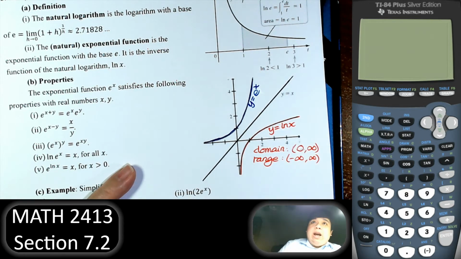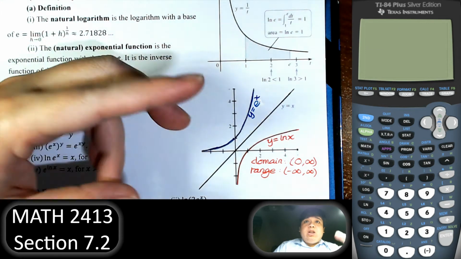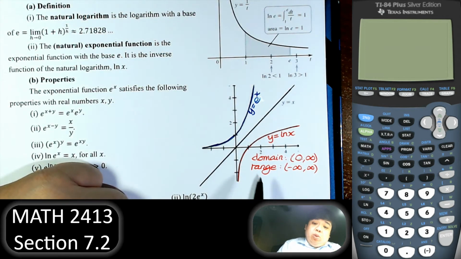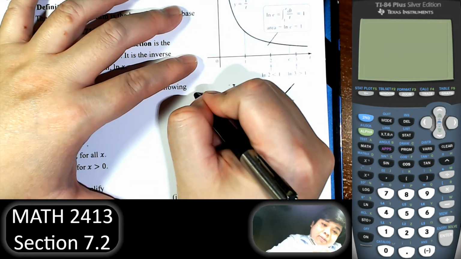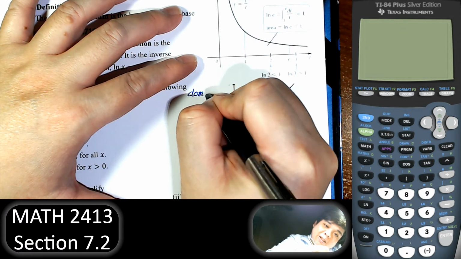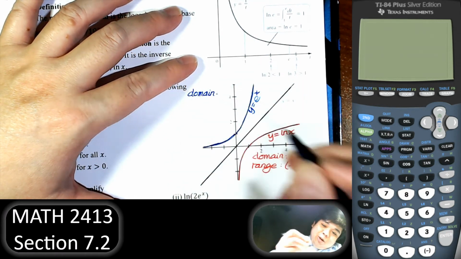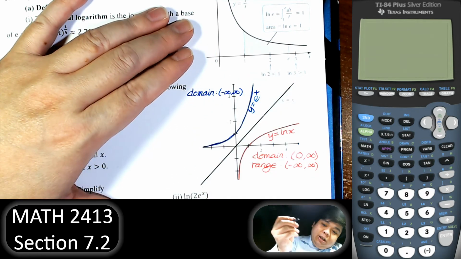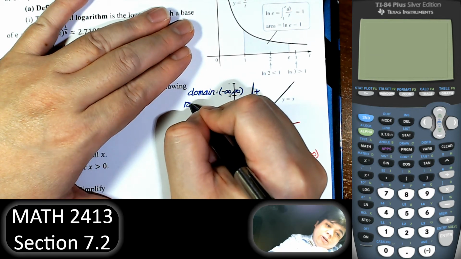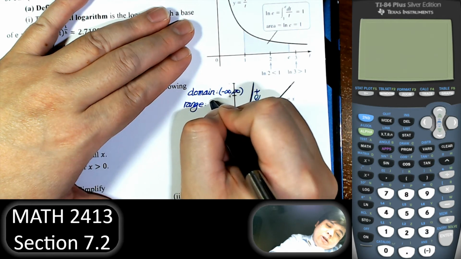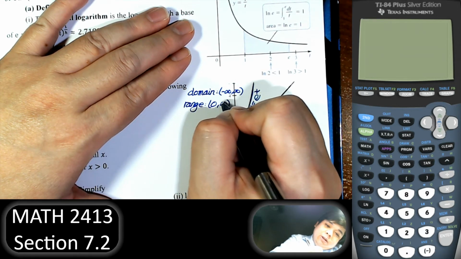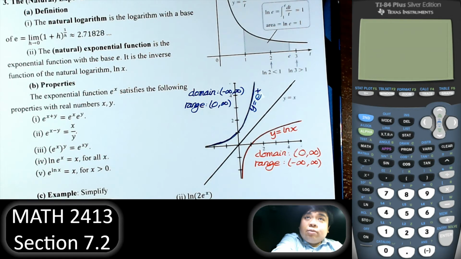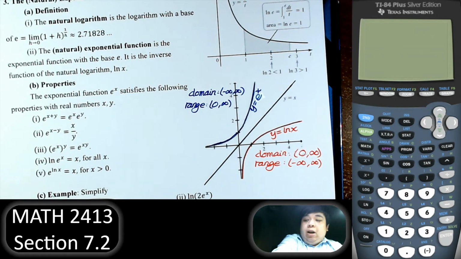So that is for ln of x. For the exponential function, since they are inverses of each other, we switch or flip. The domain therefore will be negative infinity to infinity, and the range 0 to infinity. So that's what we have.